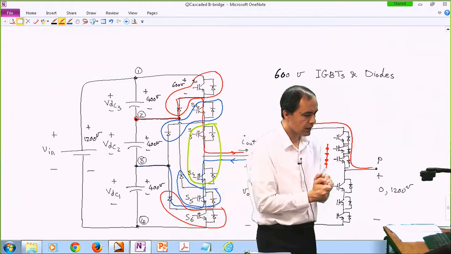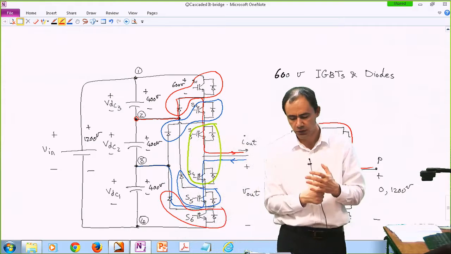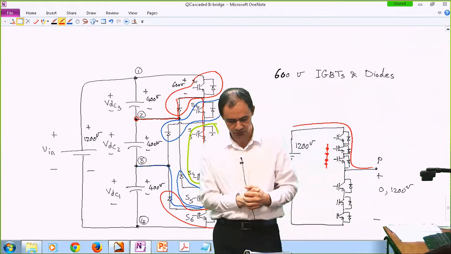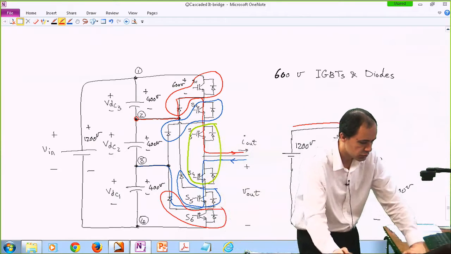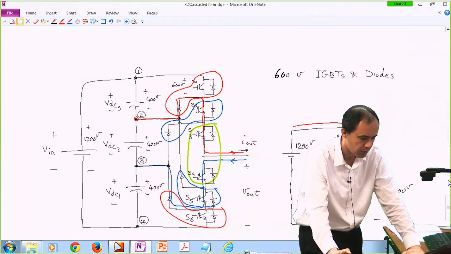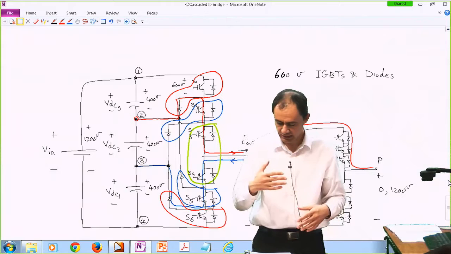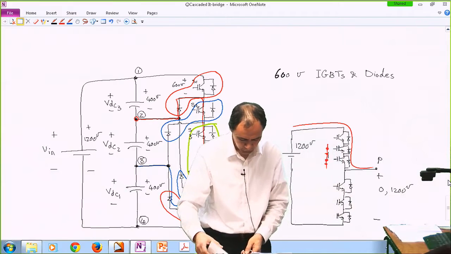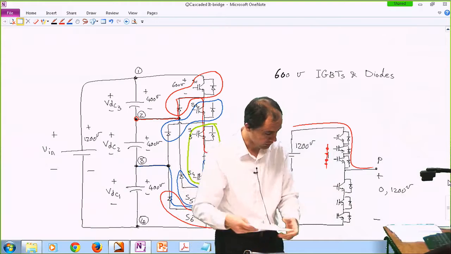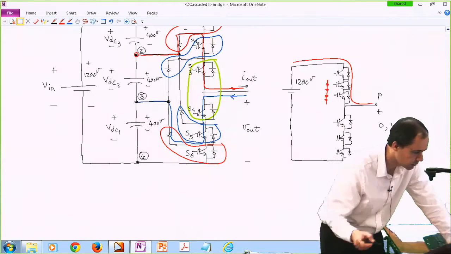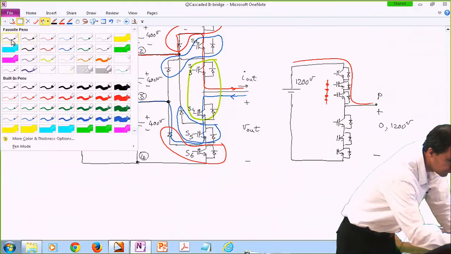So now, before I introduce the third category of multi-level converters, which is flying capacitor converters, let's try to kind of hybridize or combine what we have learned so far. H-bridge converters and cascaded H bridge and diode clamp converters. So let's open up a kind of category here.